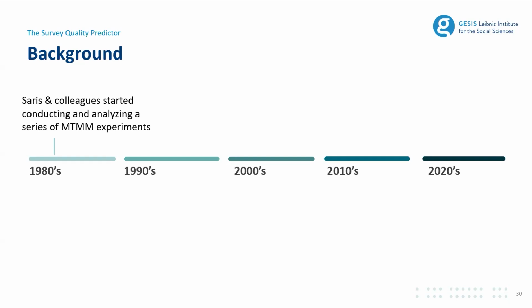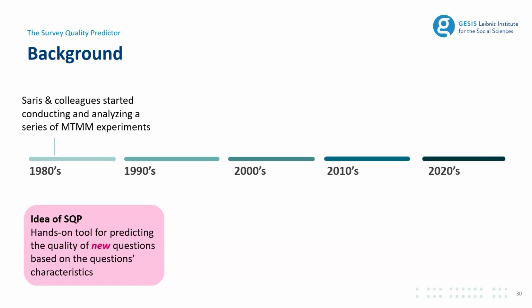And they thought, okay, we have these experiments, we have the quality estimates, we have an idea of what potential characteristics might influence or lead to a certain quality. So why don't we come up with a very practical, hands-on tool to give to researchers that they can use to predict the quality of their newly developed questions based on the questions' characteristics. And so they did a lot of research and conducted all these experiments. And then in the beginning of the 2000s, they developed the first version of SQP.